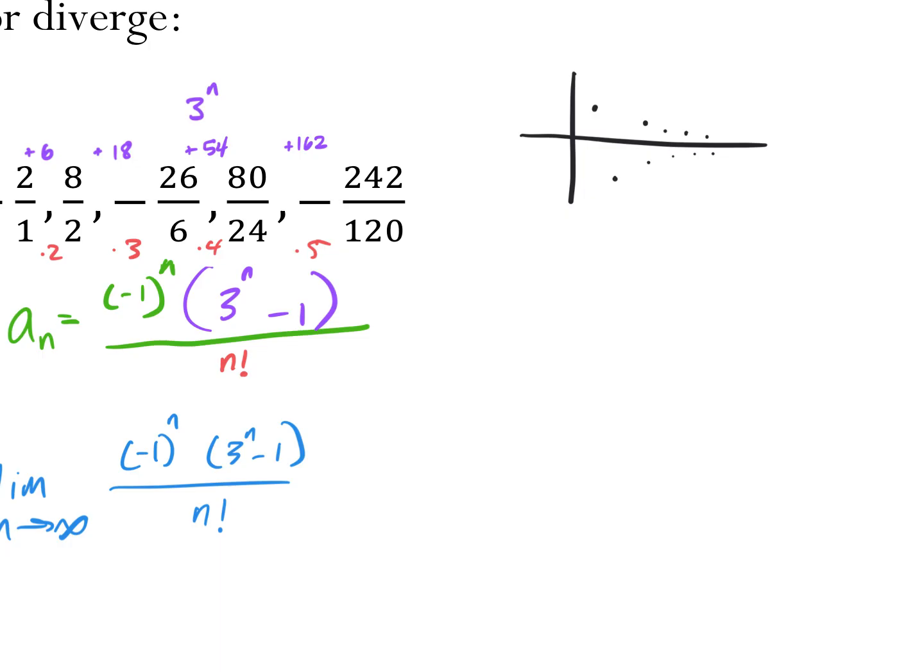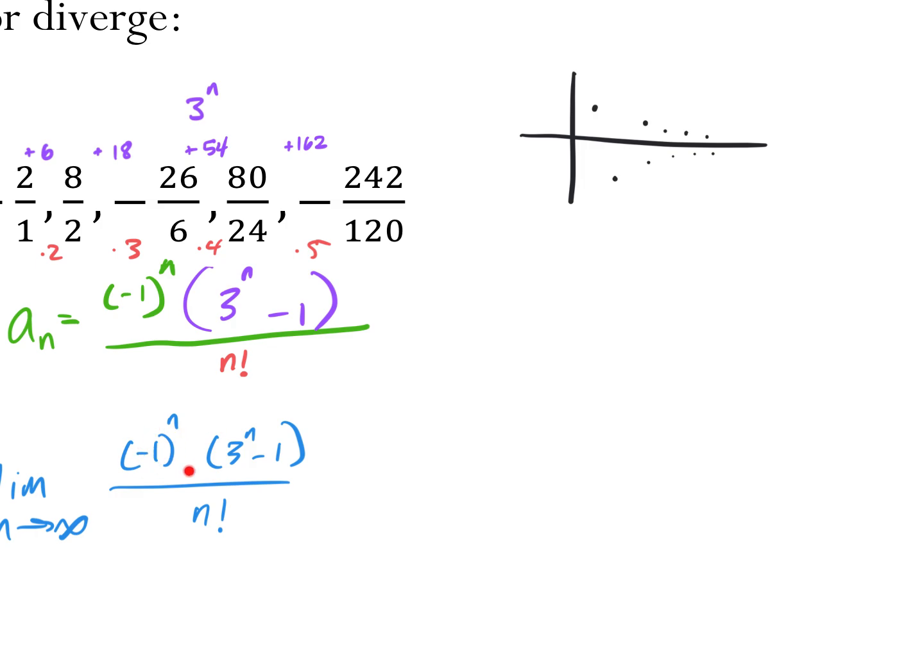So what we're going to do is take the limit, and the only way an alternating sequence converges is if it converges to 0. So we're going to ignore this part.